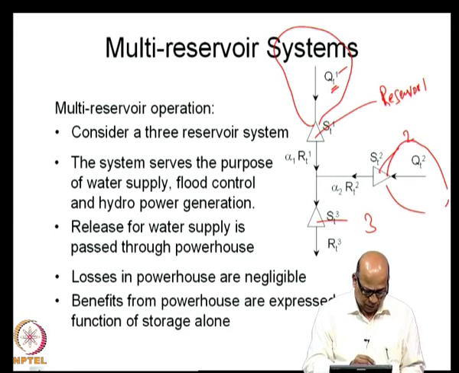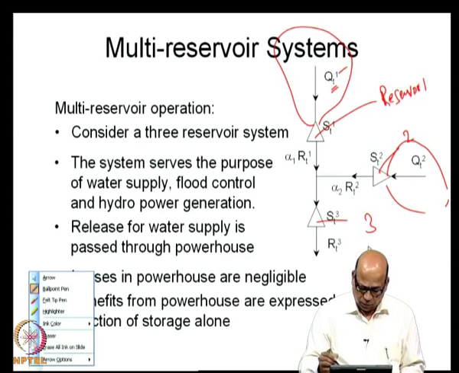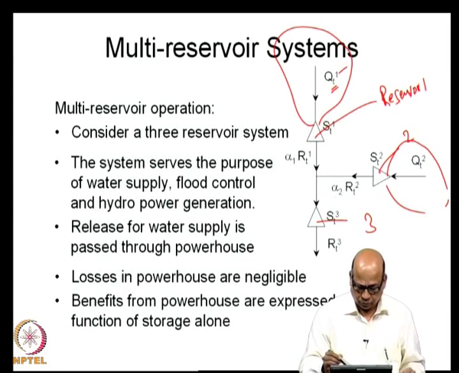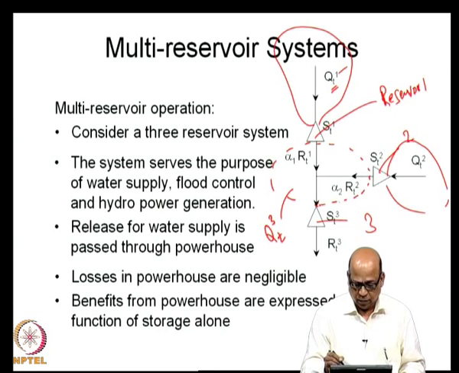Then, because of the catchment here, there is also an intermediate catchment. All of this is an intermediate catchment for reservoir 3. So, reservoir 3 receives water not only from reservoir 2 and reservoir 1, but also from its own catchment. So, you may have Q3t here as the flow in time period t at reservoir 3 due to its own catchment in between.